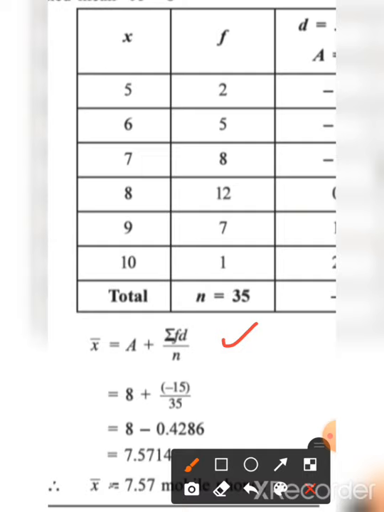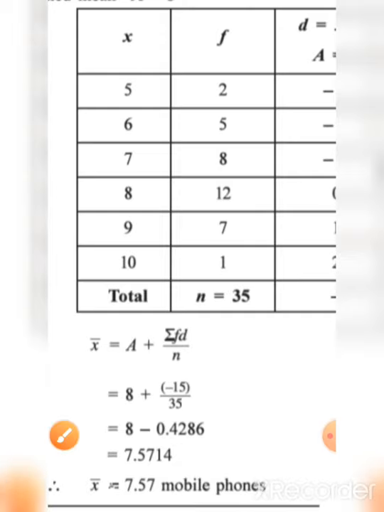That's why the mean by the shortcut method becomes a plus sigma fidi upon n. And what is your a? A is your assumed mean, right? Similarly, for the formula for the standard deviation, we are not going to multiply by c. Again the same concept: we have not changed the scale as we found the deviation, right?